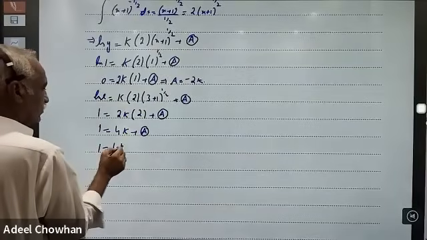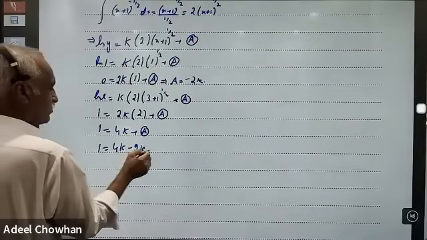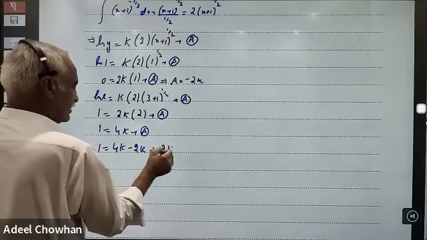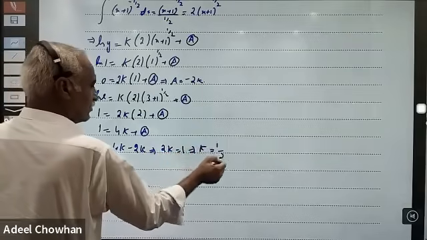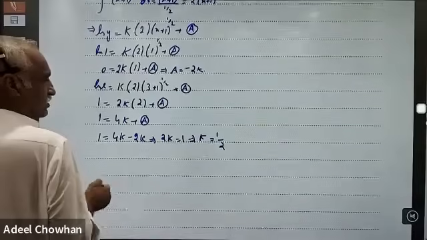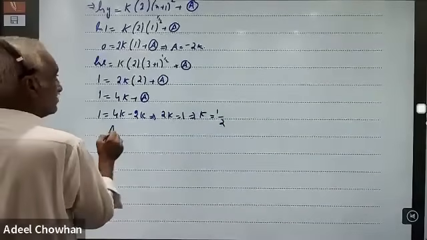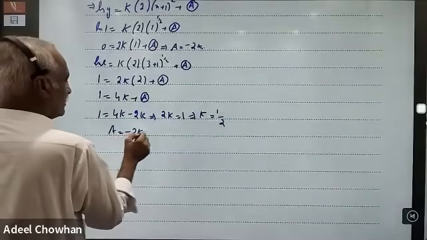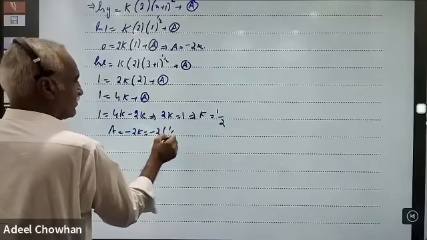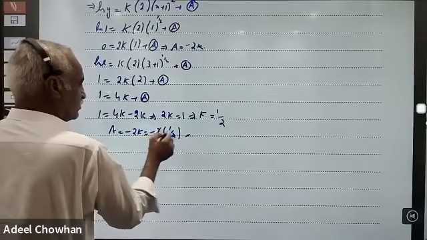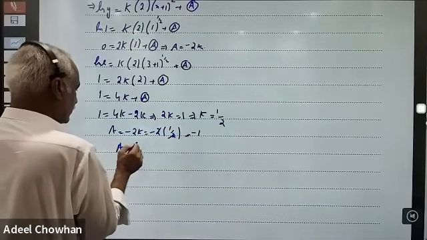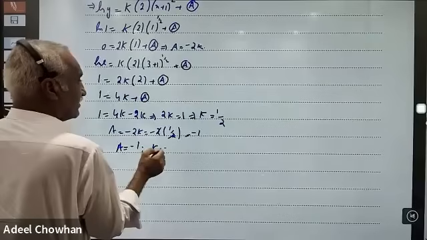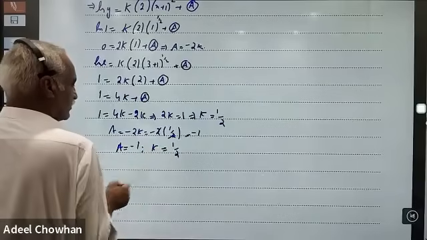So 1 is equal to 4k minus 2k, or 2k is equal to 1. This implies that k is equal to 1 over 2. Then A value will be equal to minus 2k, so minus 2 into half, that is equal to minus 1. So A value is minus 1 and k value is equal to half.